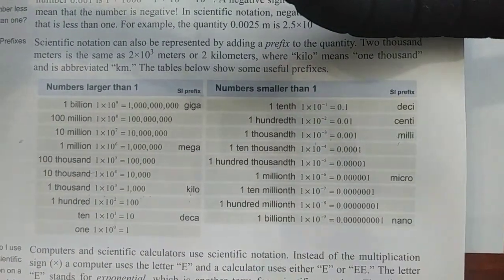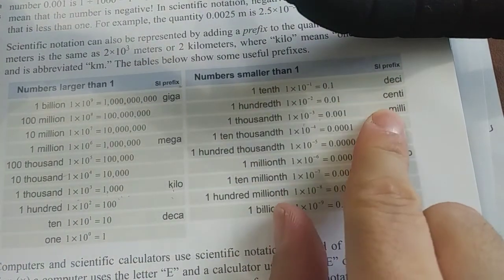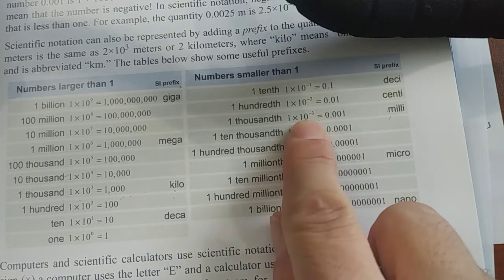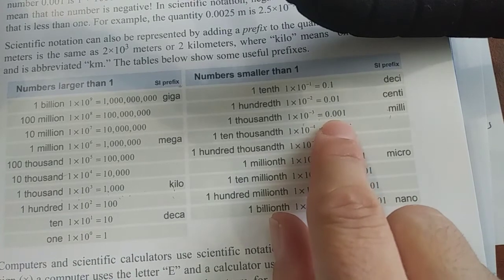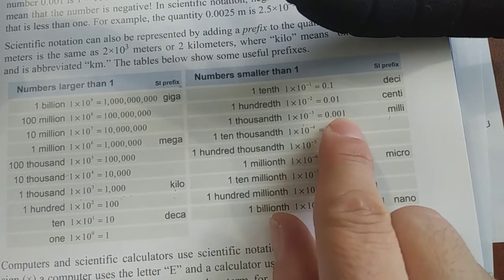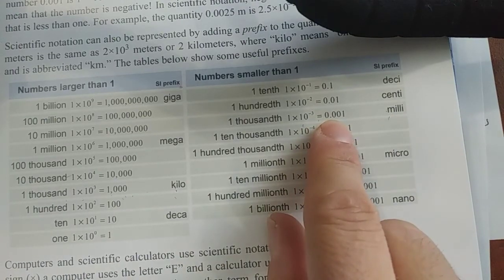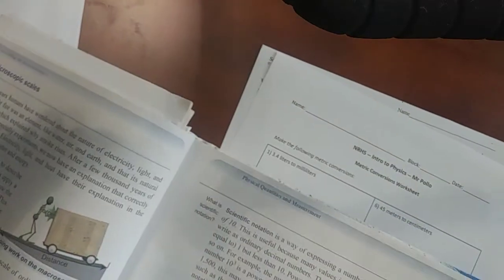Number one is liters to milliliters. So I'm going to look for milli here. So 1 milliliter equals, and you can see our scientific notation there. We're going to use the decimal because it's easier. 0.001 liters. So 1 milliliter equals 0.001 liters. So let's look at that.